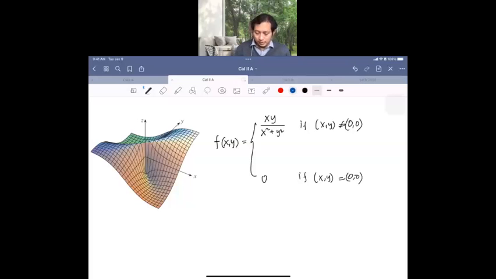You can verify that the partial derivatives of this f(x, y) exist at the origin, but the partial x and partial y are not continuous.